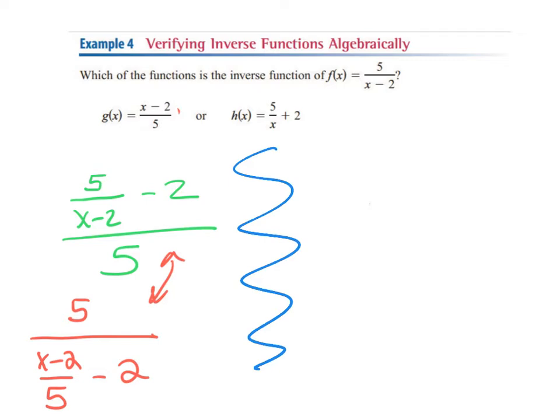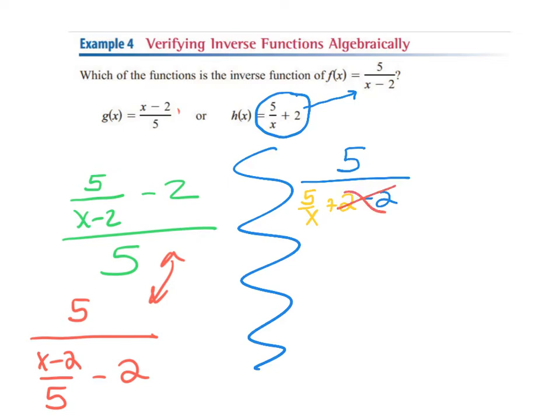I'm going to take this function, h, and plug it in right there. So I have 5 over 5 over x plus 2, and then the rest of my function is minus 2. Does everybody see that? Yes. So what happens to my 2's?